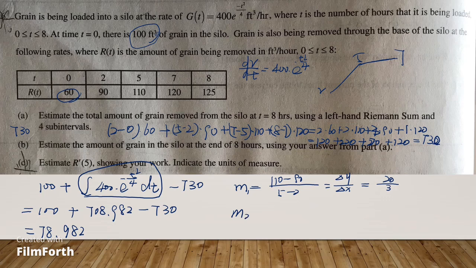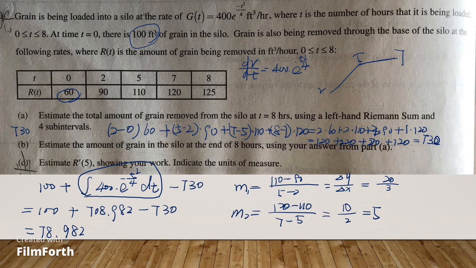And slope 2 is from 5 to 7. So it's 120 minus 110 over 7 minus 5, so 10 over 2 is 5.